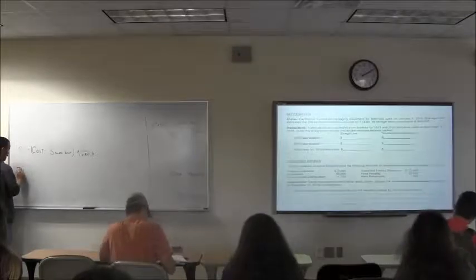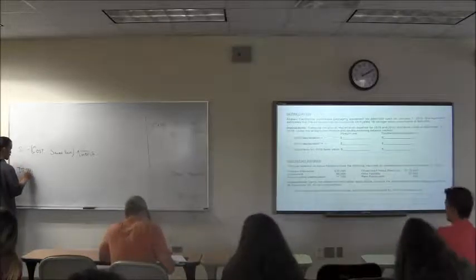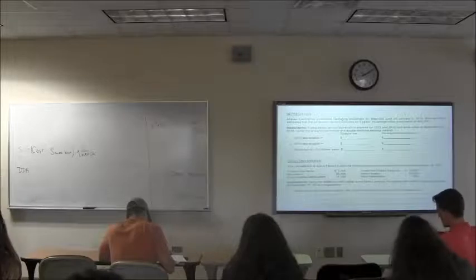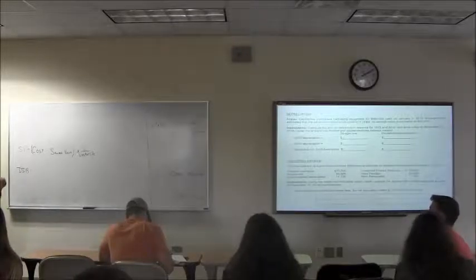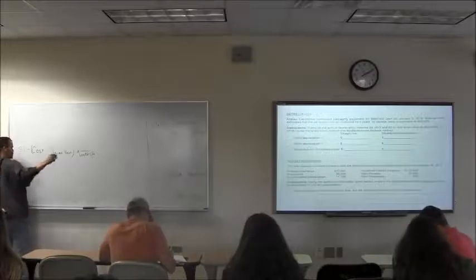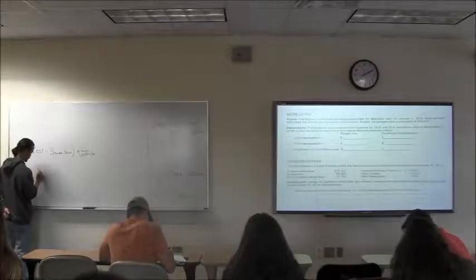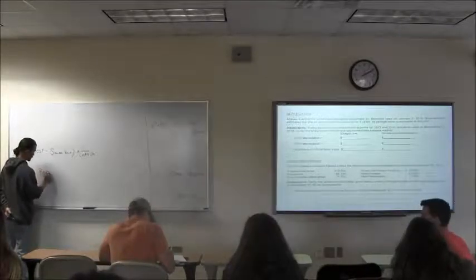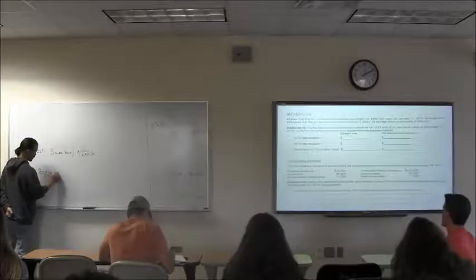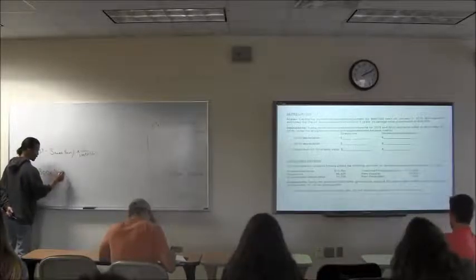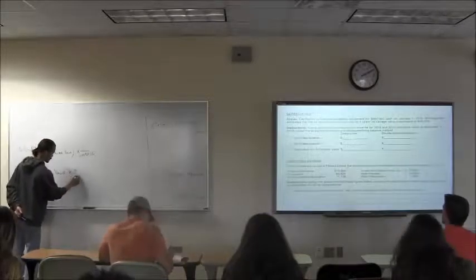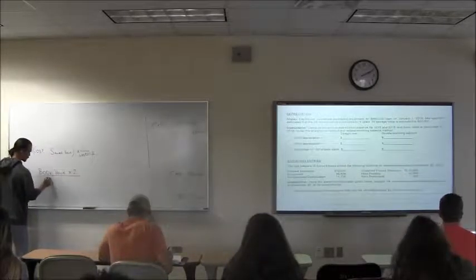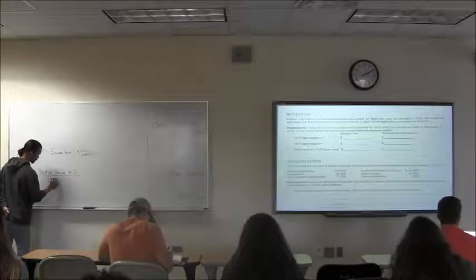Double declining balance. Double declining balance is what? Book value. I like that. Book value. What is book value? Book value times 2 divided by the useful life, right?